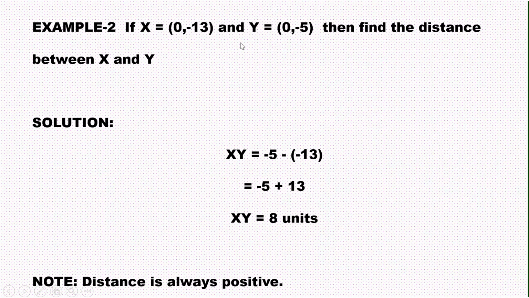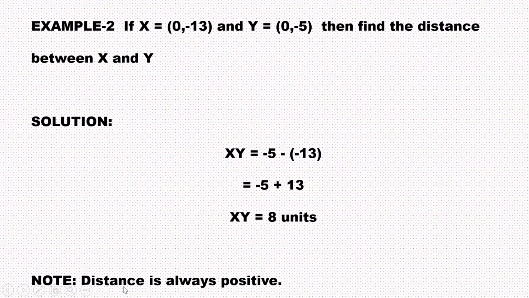So what is the distance between the two, X and Y? The distance will be the difference of the two ordinates, that is -5 - (-13). So we have -5 + 13, that is 8 units. You can write it the opposite way also, but distance is always taken as positive.